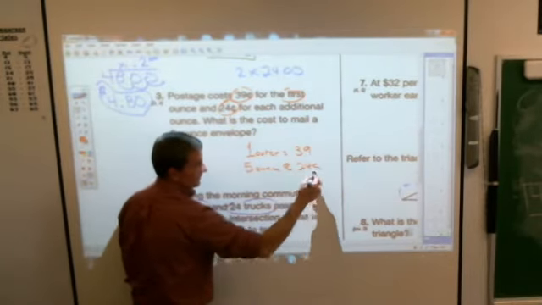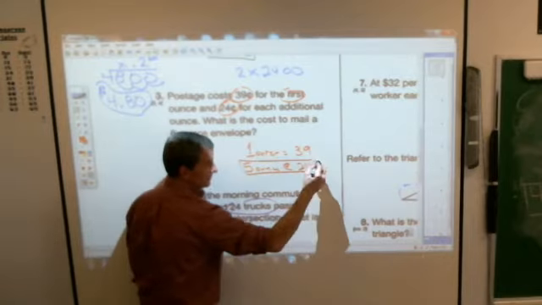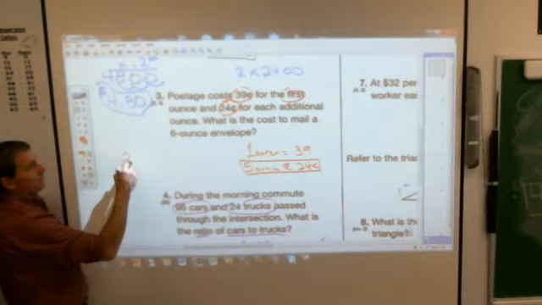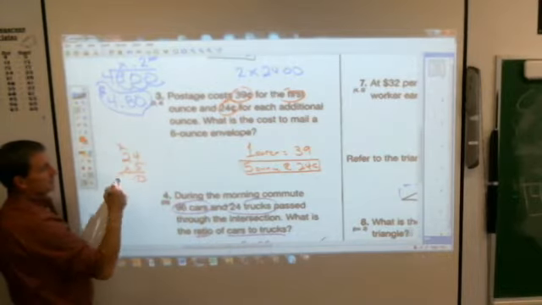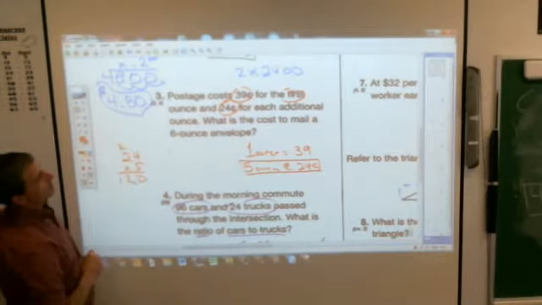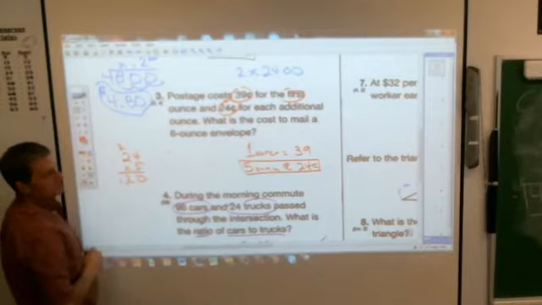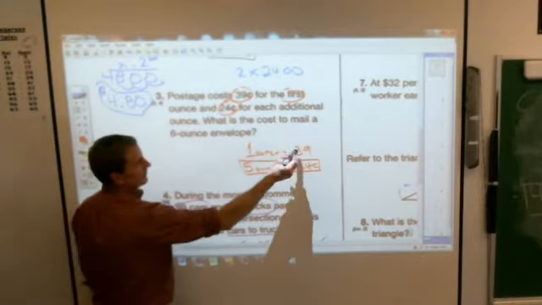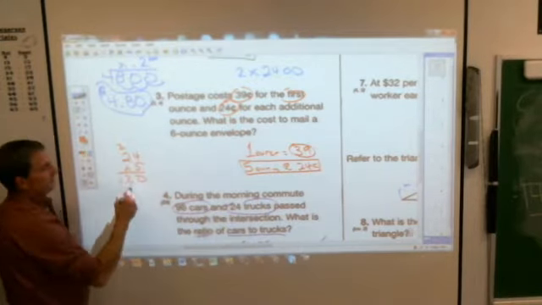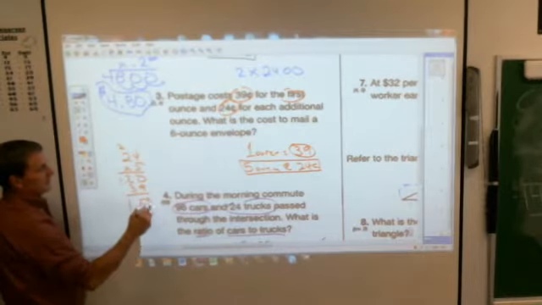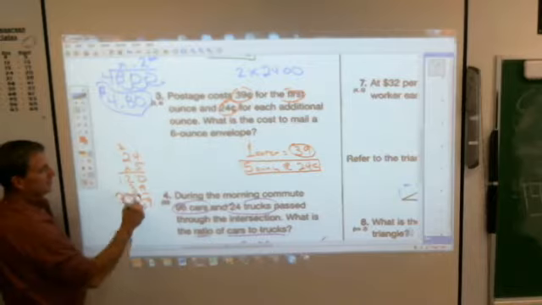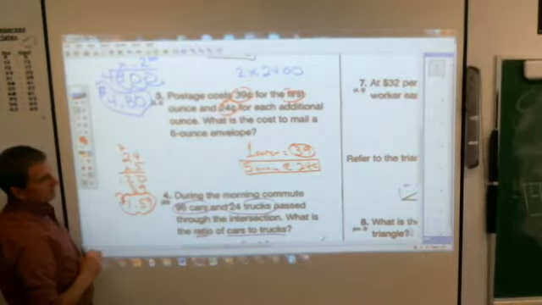So you have to take this and multiply it out to see how much your 5 ounces cost, which is $1.20. And then you have the 39 cents that you had to pay for the first ounce. So $1.59. How much you are paying.